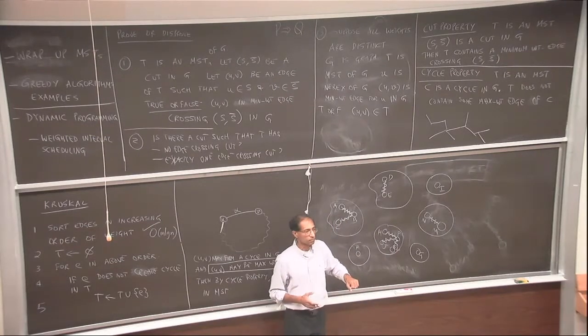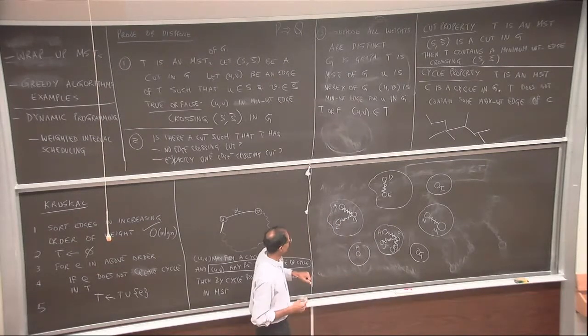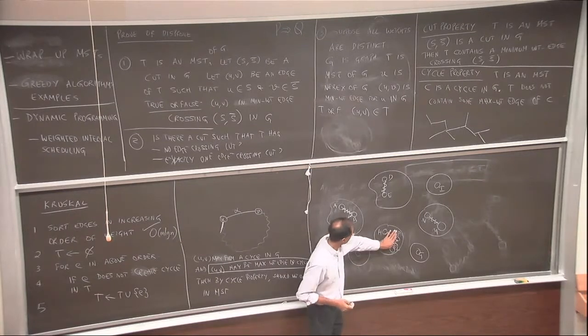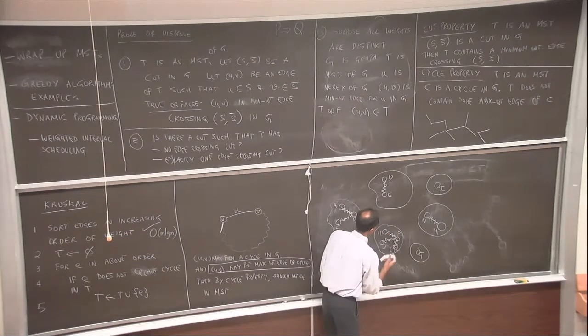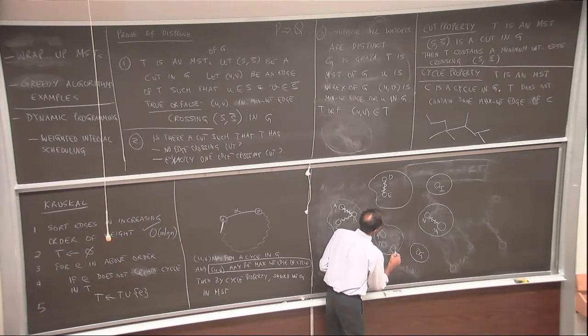Can you tell? So I didn't show you this picture, I showed you these are all somehow connected. And then I showed you the edge HJ. Should you add it? Let's say I showed a black box here.